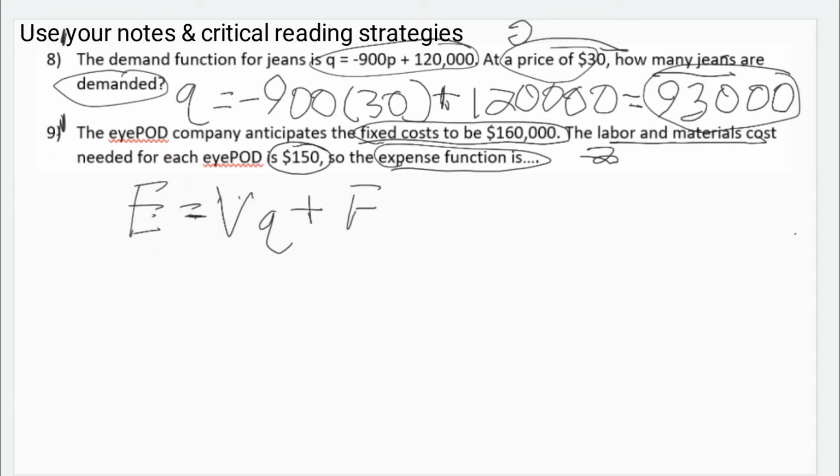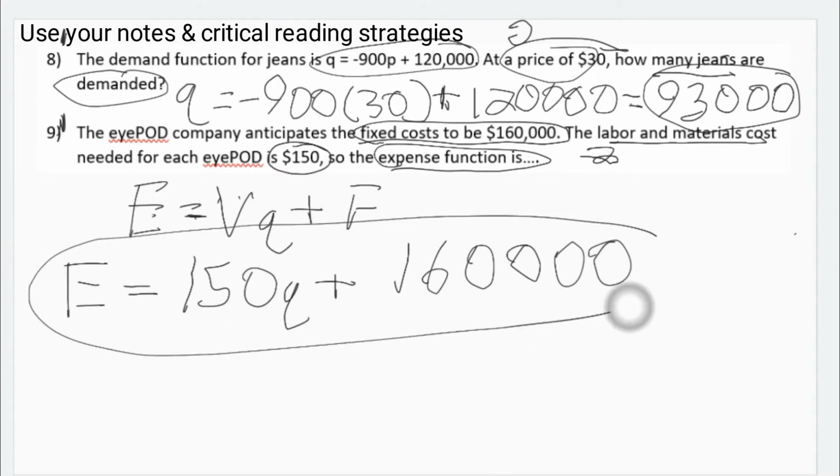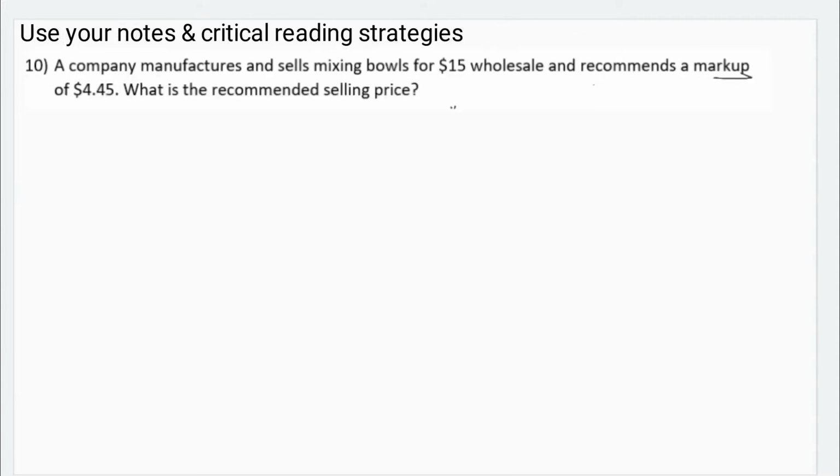Fixed is going to be the larger number, so the expense function is going to be equal to 150 times the quantity plus 160,000. So that is our expense function.